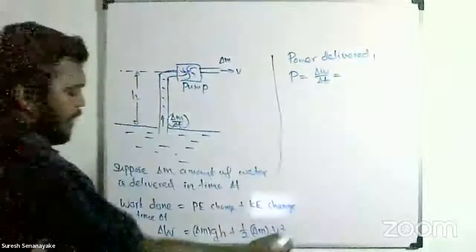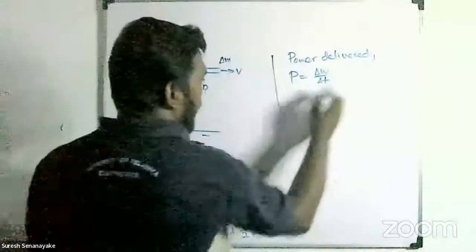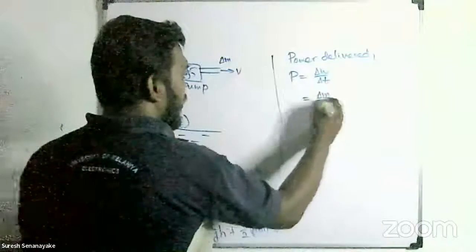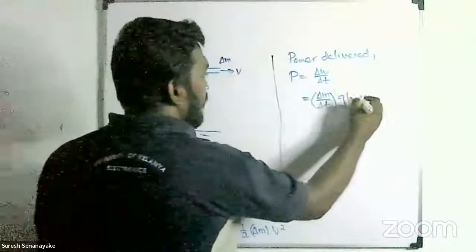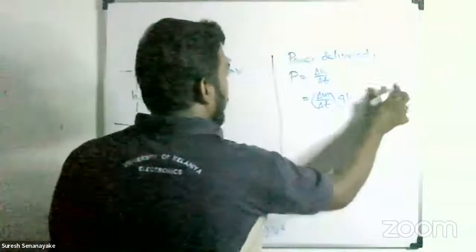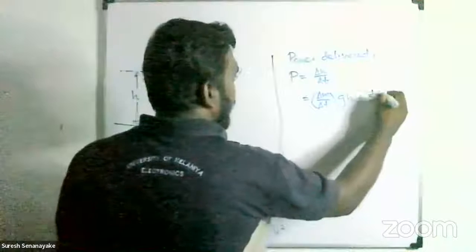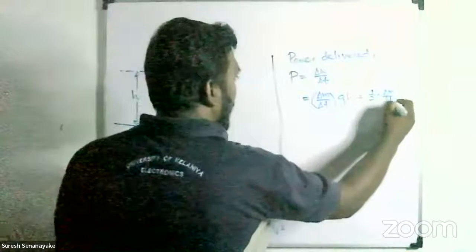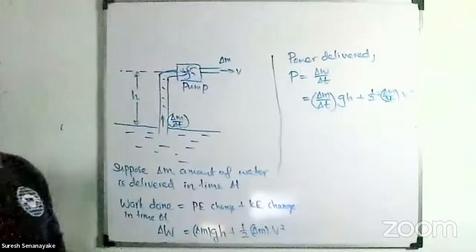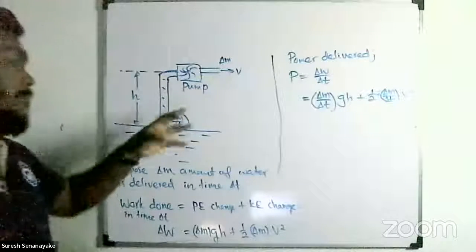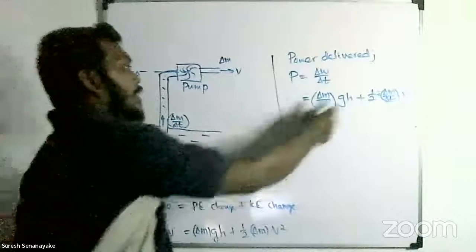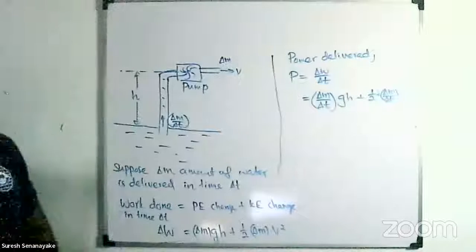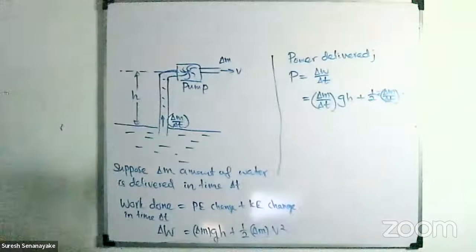So you can divide this by delta t, and write the equation: delta m over delta t, that's the rate of mass ejected, times g h, plus half delta m over delta t times v square. In the case of the water ejecting out, because we cannot get a particular amount of water mass, if you know the rate of water ejected out, then you can calculate this.